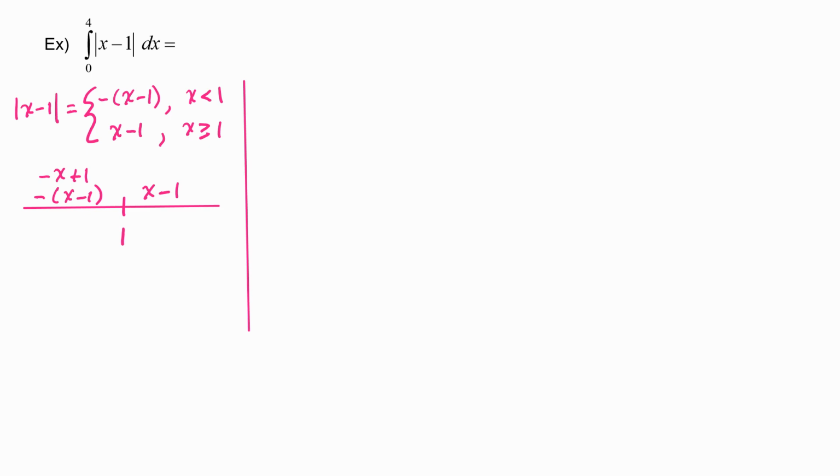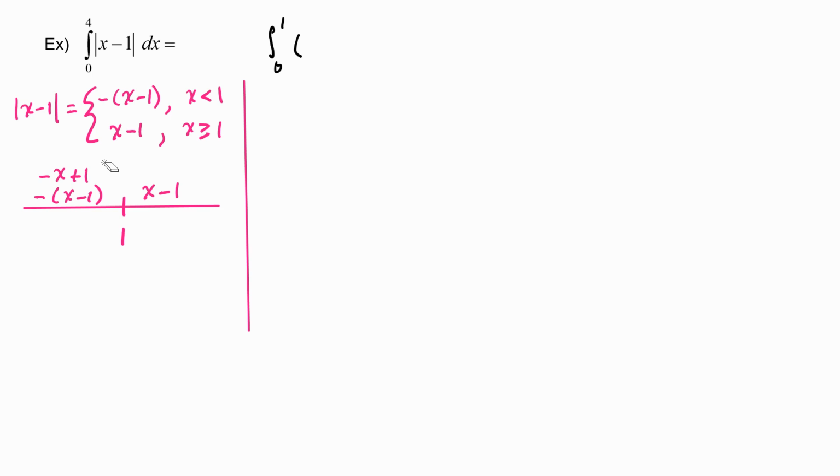Now that means that this integral will have to split up into two subintervals, and the split will take place at x equals 1. So this will become the integral from 0 to 1 of, when we're to the left of 1, we have to use this form, either one of these.